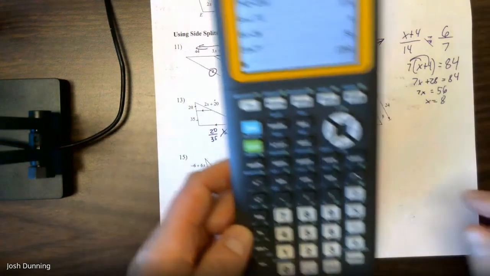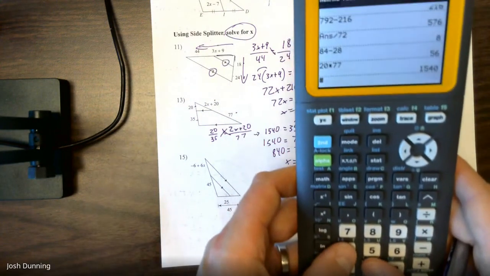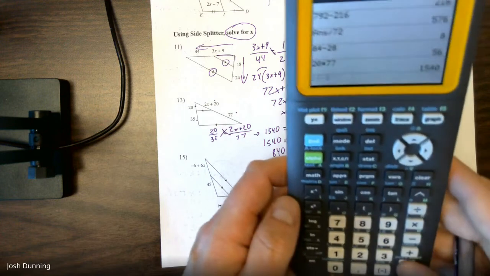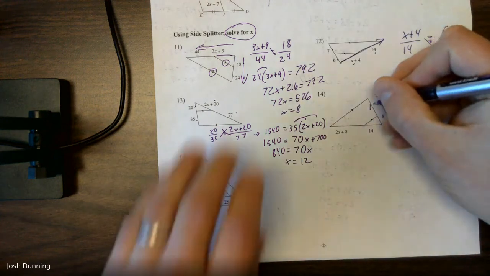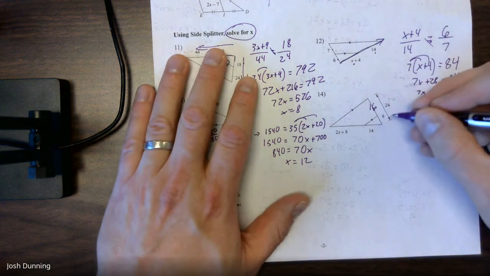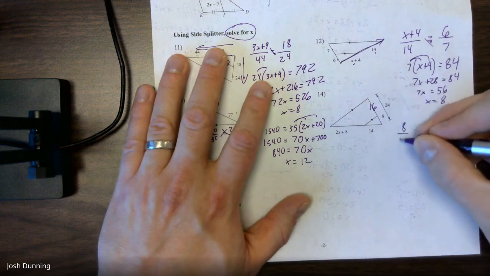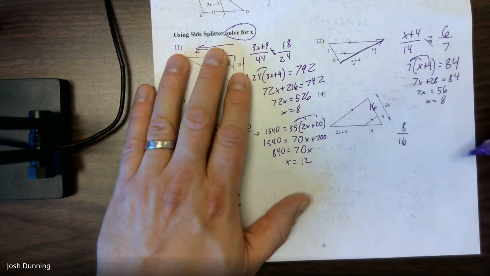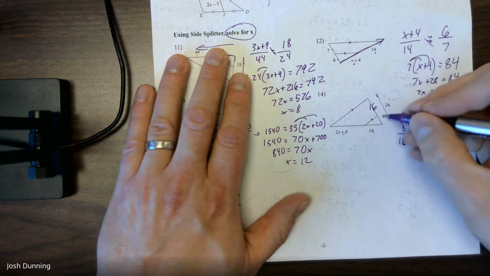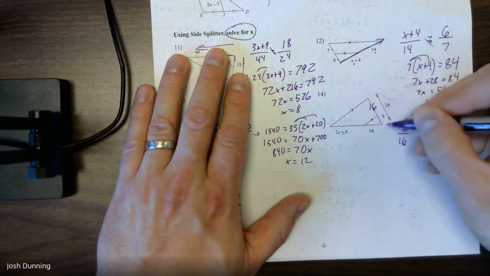So whatever I add to 8 to get 24 is the same thing as saying 24 minus 8, 16. Now we'll go 8 over 16. And you could start with like 16 over 8, as long as you did that one over that one. It's just about consistency. So I'm going to go that way here.